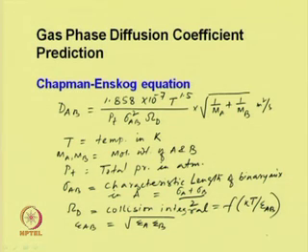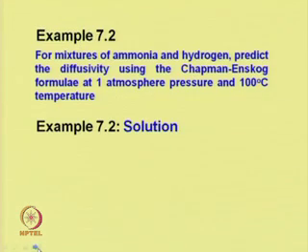Now, let us take a very simple example of a mixture of ammonia and hydrogen. For this, predict the diffusivity using this formula at 1 atmosphere pressure and 100 degree centigrade temperature. Now, let us consider A is ammonia.